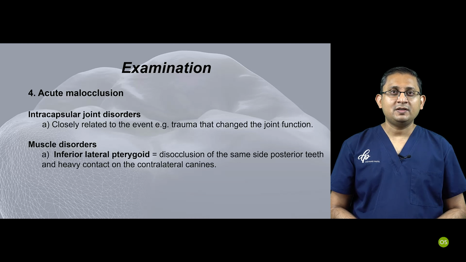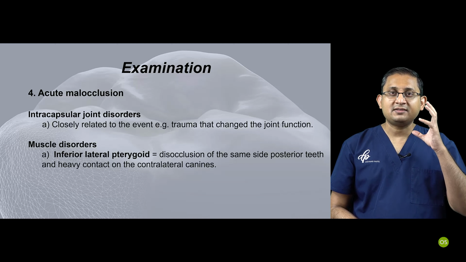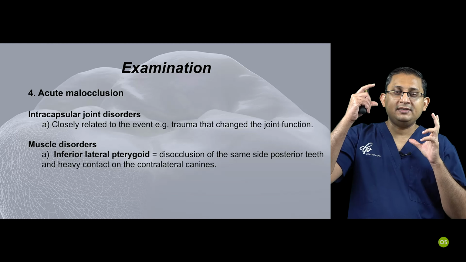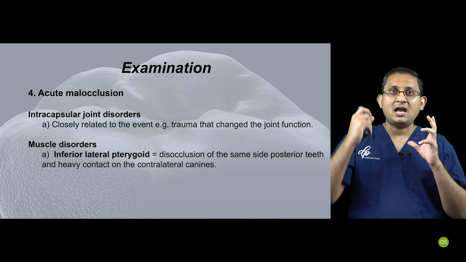Whereas the muscle disorder is a bit more complex. If the inferior lateral pterygoid muscle is affected, then because it's a depressor, on the same side the teeth will disclude, and because the jaw will tilt to the other side, you have a canine which can have a heavy contact.